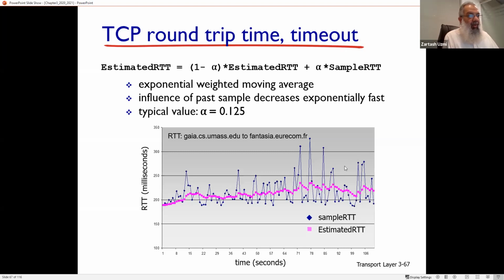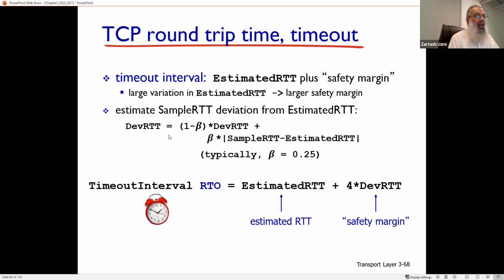Okay. So आपके पास सैंपल आरटीटीज हैं जो फ्लक्चुएट कर रहे हैं, उससे एक स्मूथर एस्टिमेटेड राउंड ट्रिप ट्रांसमिशन टाइम आपने निकाला, ठीक है? And now what you're doing is that based upon the deviations, ठीक है, you want to find out that okay, ये जो estimated round trip transmission time है, इसके साथ you might want to add a safety margin. ठीक है?